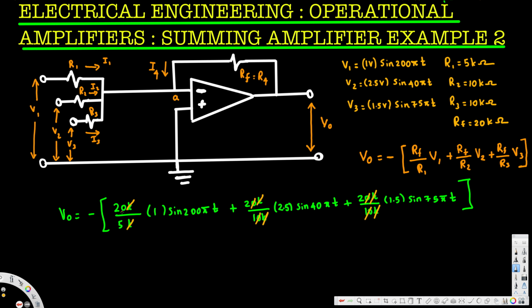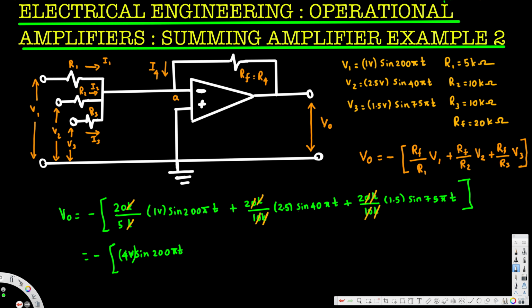For the first one we are going to have 4, because 20 divided by 5 is 4, so we get negative 4 times 1, that's 4, so 4 sine 20πt. Let's put the voltage now, 4 volts sine 20πt, because ohm cancels each other, we are left with voltage.